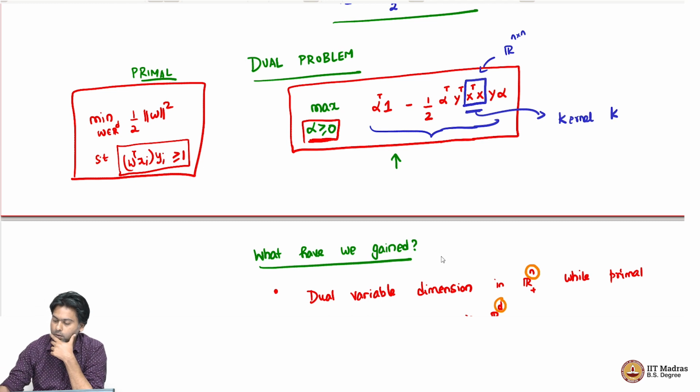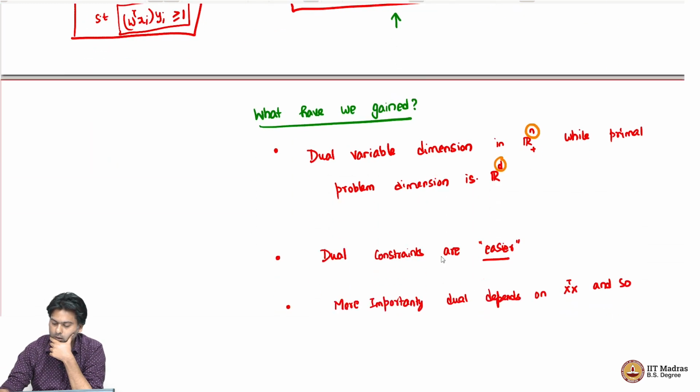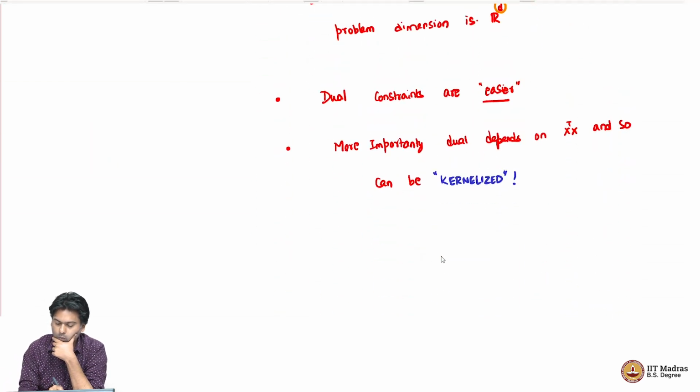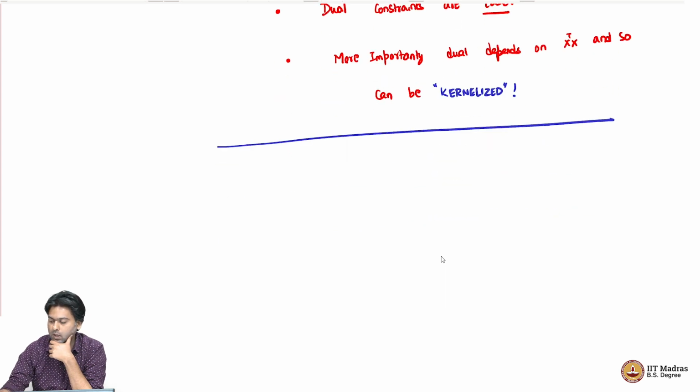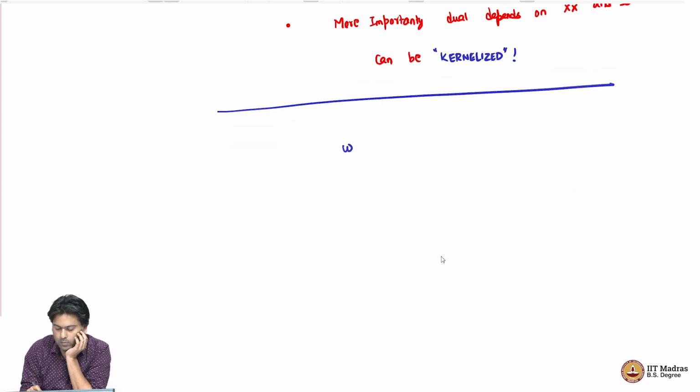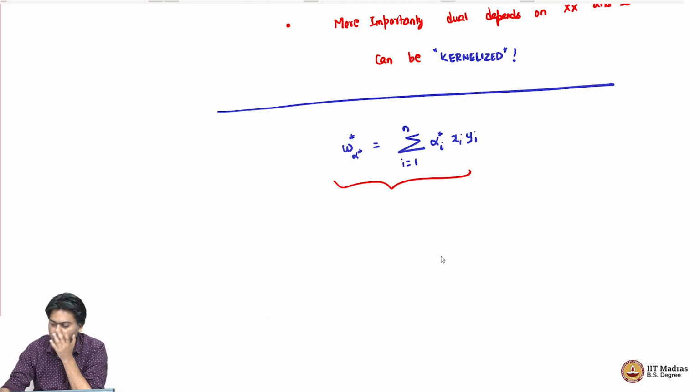The second point that I wanted to make is by looking at the solution w star itself. So the w star for the best possible alpha that we will get is going to look like this: sum over i equals 1 to n alpha star_i x_i y_i. So why is this true?